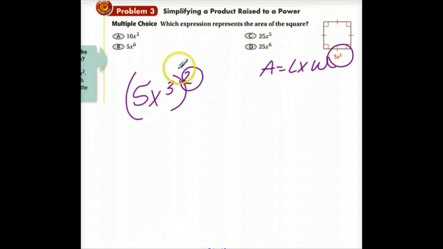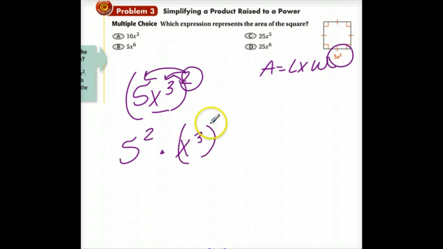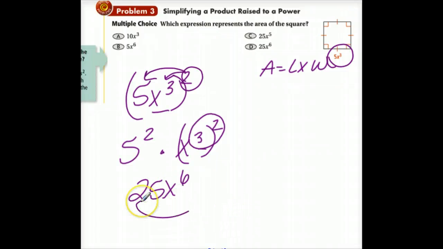This 2 is going to be applied to the 5 and to the x to the third power. So we have 5 to the 2 and x to the third to the 2. Now, 5 squared we know is 25. X to the third to the second, well, that's a power to a power. We multiply these. X to the 6th is our answer.